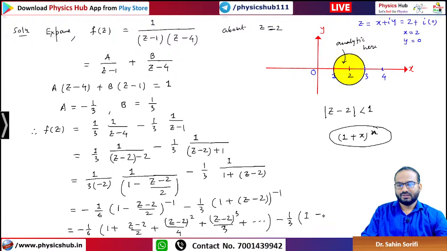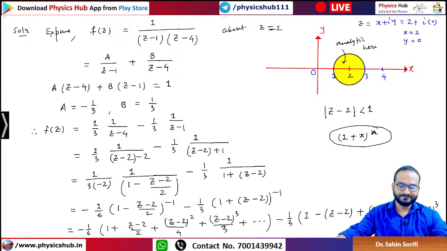So there will be alternate sign. So 1 minus z minus 2, then plus z minus 2 whole square, then minus z minus 2 whole cube, then plus, and so on.